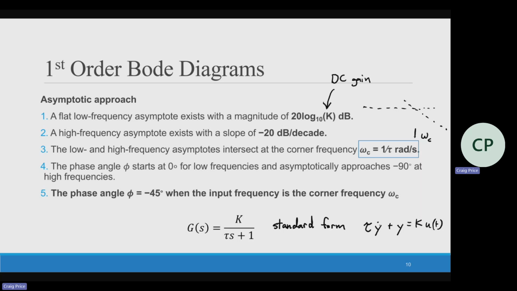Therefore, whatever's my numerator, that is my DC gain, because when s goes to 0, I'm left with k over 1. So that's our DC gain right here. And once I have it in the standard form, we can find the corner frequency. We can find the starting point, 20 log k. And that's how we can construct the Bode plot.